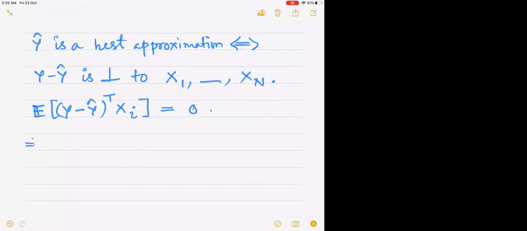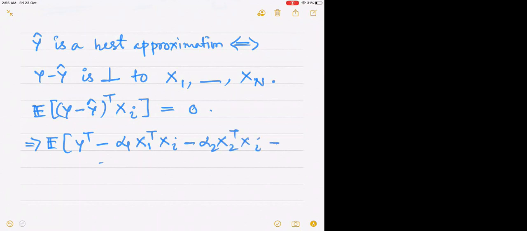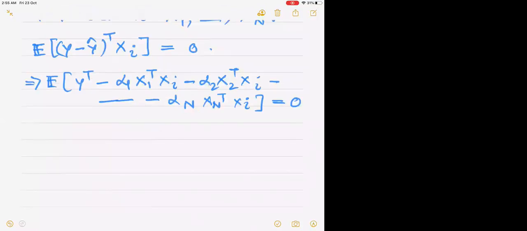That is the expected value of y transpose minus alpha 1 x1 transpose xi minus alpha 2 x2 transpose xi minus dot dot dot minus alpha n xn transpose xi. That ought to be 0. There is an xi here also, right? Yes.